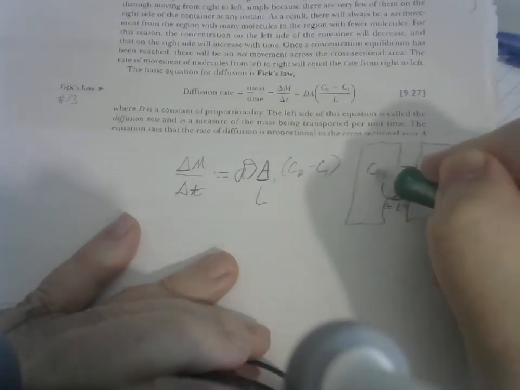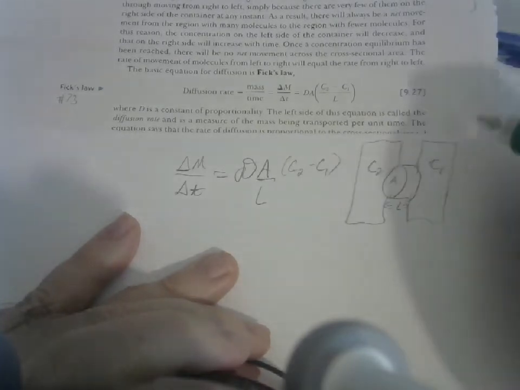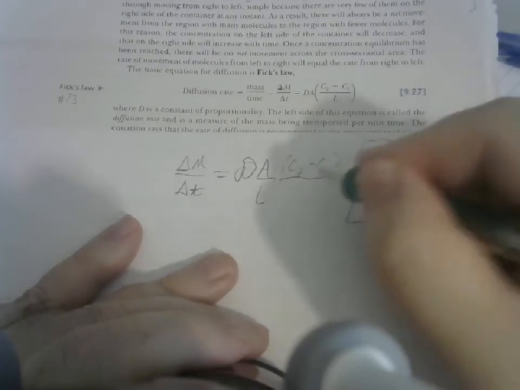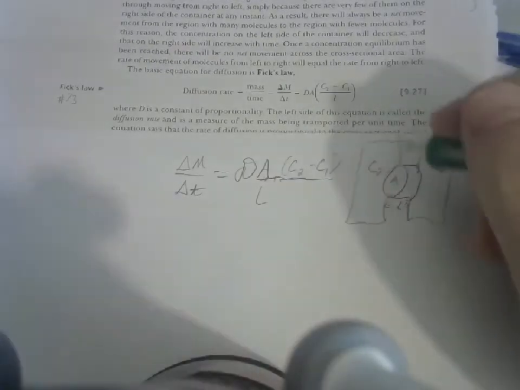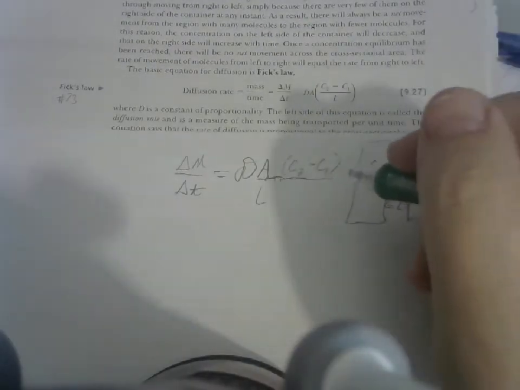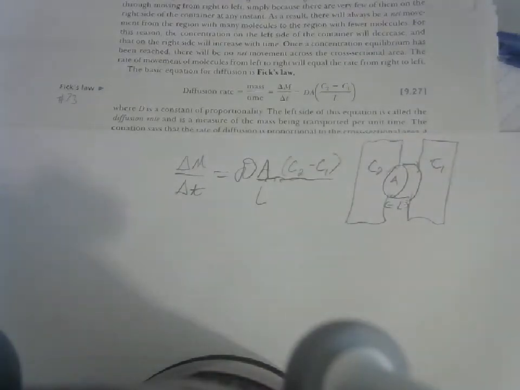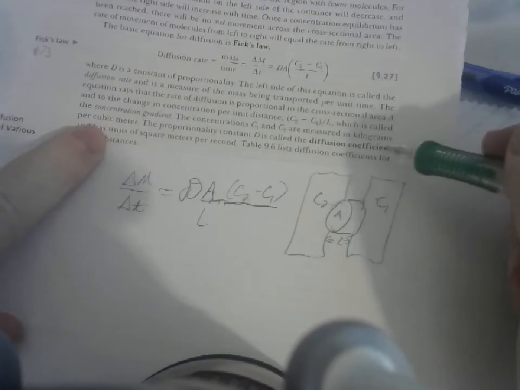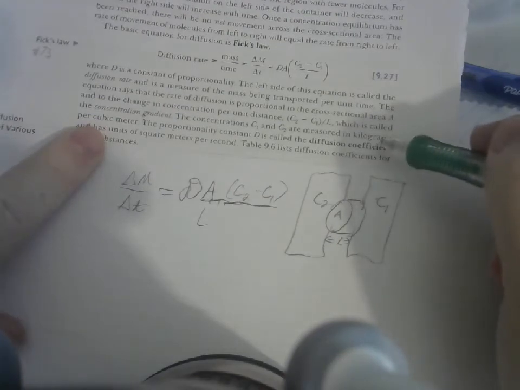C2 and C1 would be in kilograms per meter cubed, like the mass per unit volume. Yes, they're measured in kilograms per cubic meter. That is interesting.